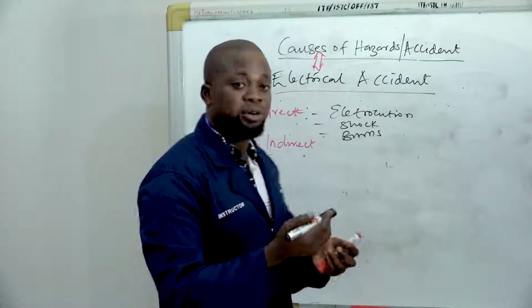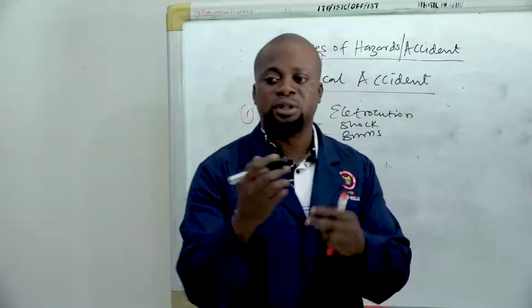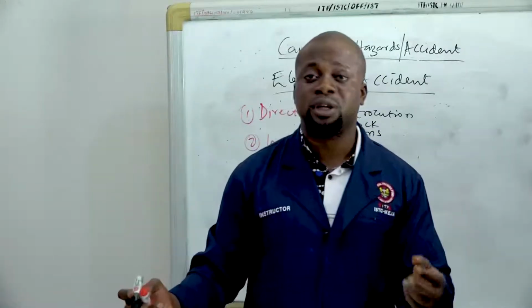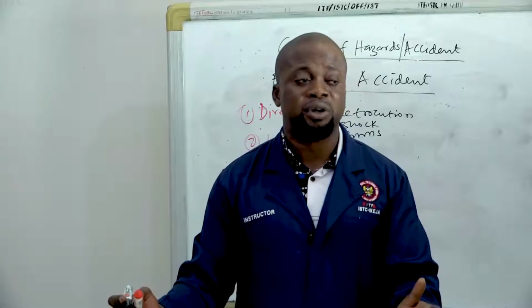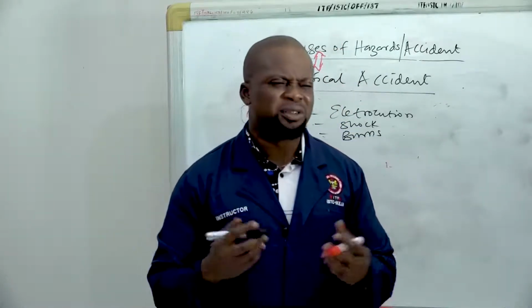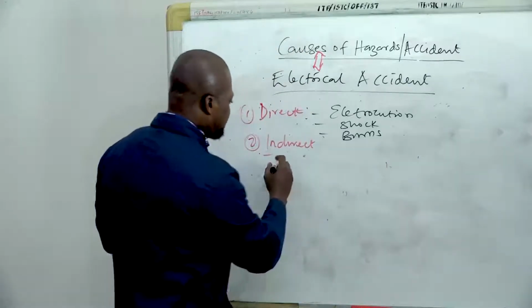Then shock, and the burns that can cause desiccation, and of course different types of burn. We have the first degree, second degree, and of course, third degree. The indirect effect has to do with what? Fall.